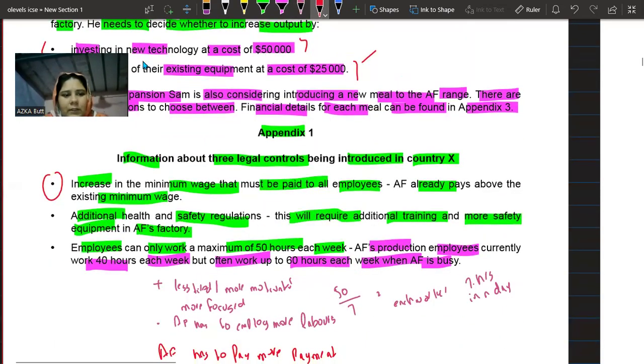Okay. So, as a part of the expansion, Sam is also considering introducing a new meal to AF's range. So they want to expand, open a new factory, and also introduce a new meal. This would be a good option, because the previous meal was liked by the people who previously lived in country A. That is why they are purchasing that meal, because they were used to it when they were living in their country.